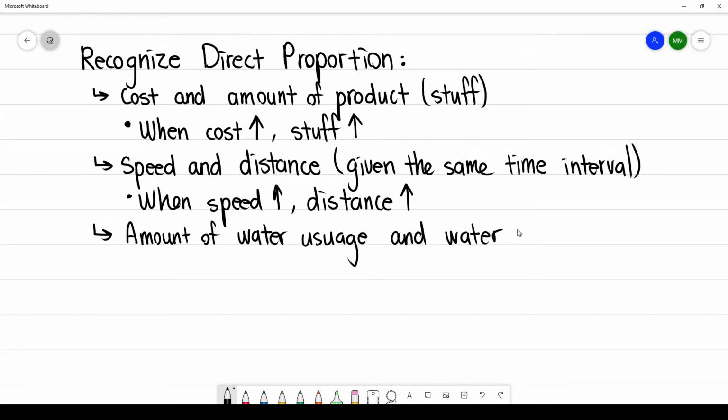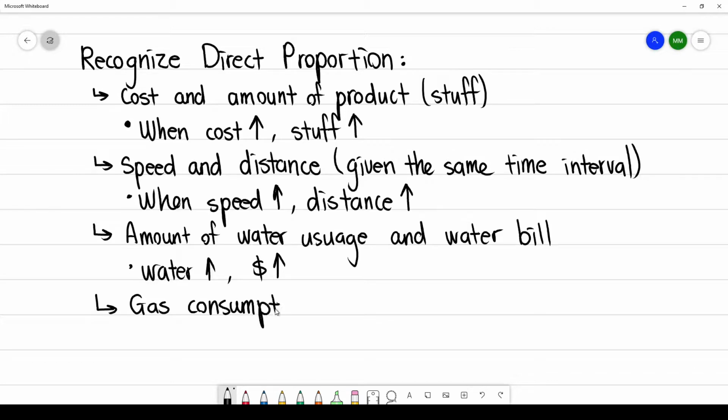I guess that's kind of cost as well, because you can say that water is a product. Water up, money up. And then gas consumption: distance goes up.